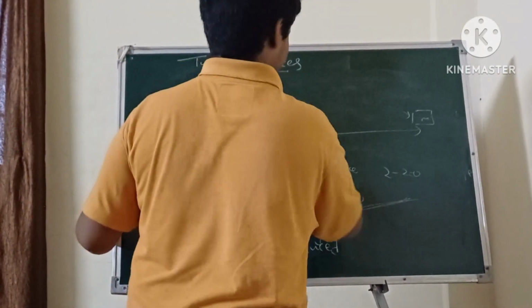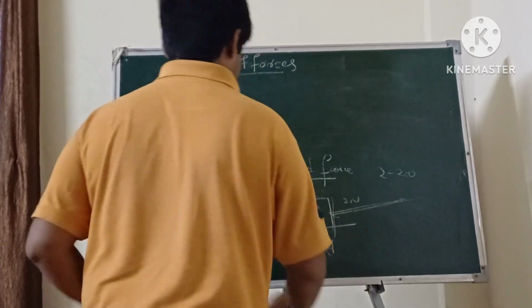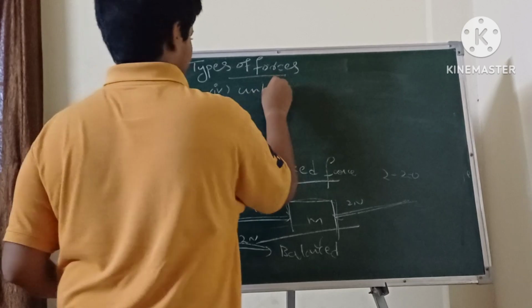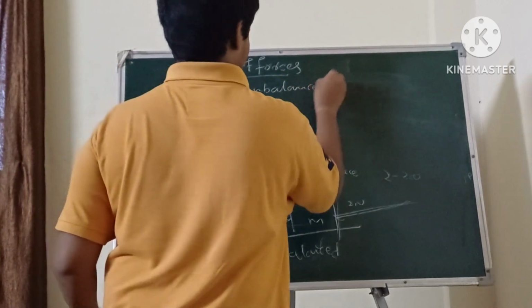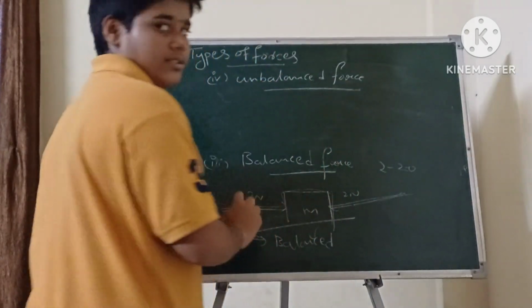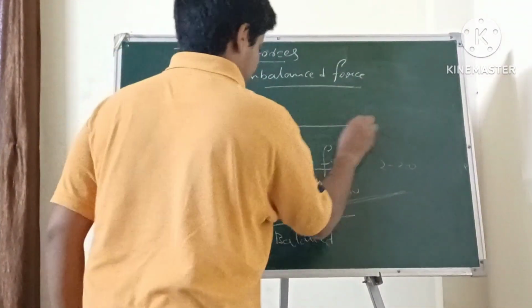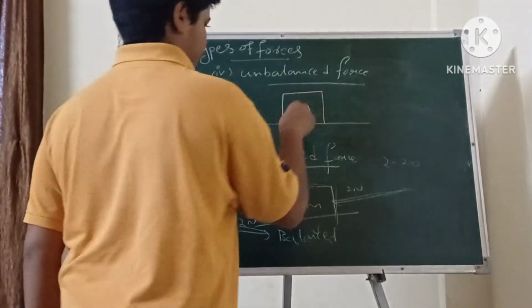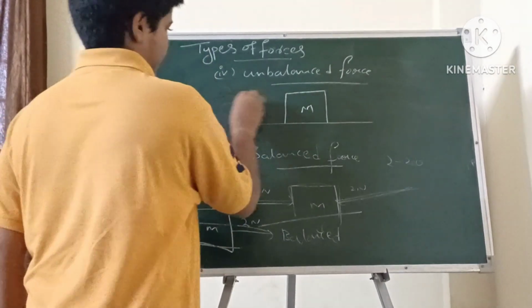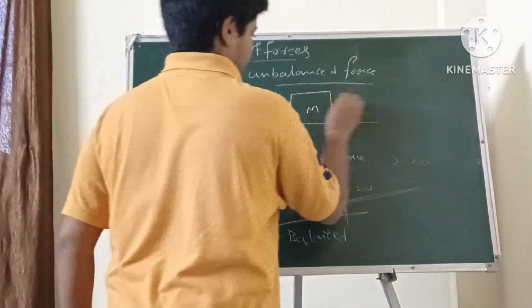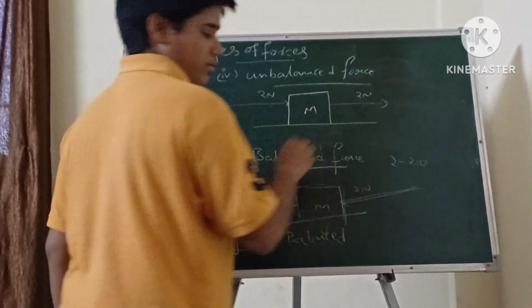Fourth type. Unbalanced force. Unbalanced force. I am taking this is a surface and it is an object M. I am applying some force on this direction 2 newtons and in this direction also 2 newtons.